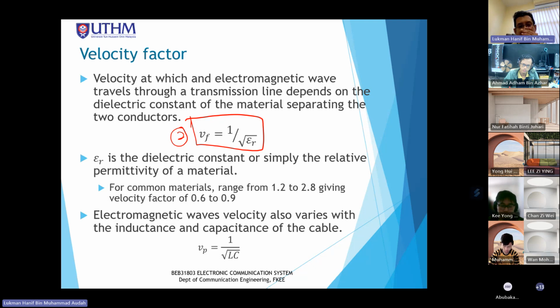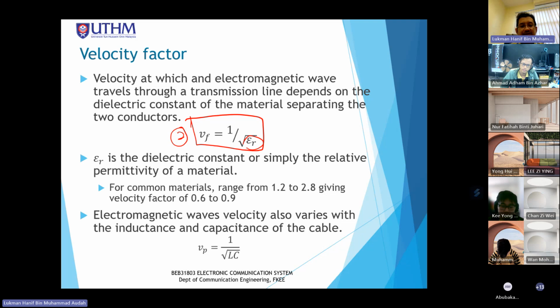Epsilon r is the dielectric constant, or simply the relative permittivity of the material used for the transmission line, for the cable. We're going to see this epsilon r parameter later, depending on the type of cable that we use, depending on the material used for this cable, the dielectric constant.